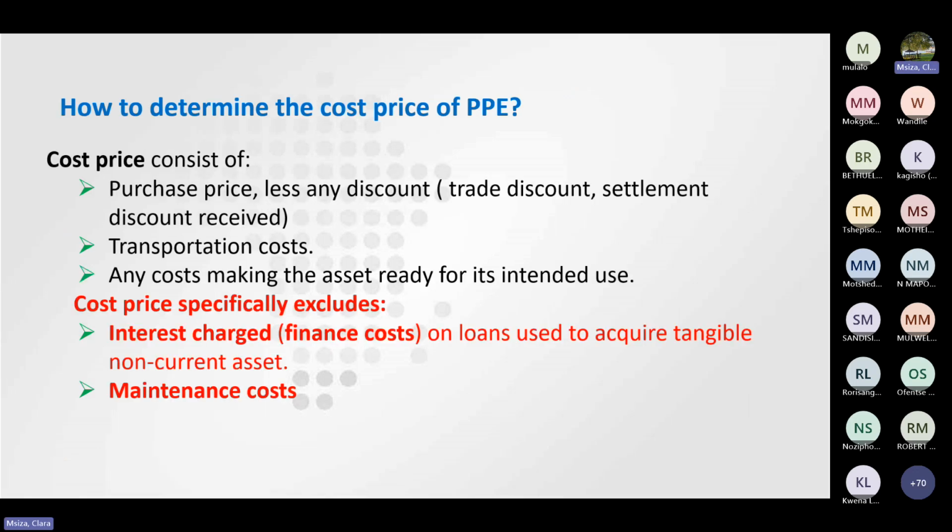So how do we determine the cost price of a PPE? Cost price consists of the purchase price less any discount, which is your trading discount, settlement discount received. Please note that. The cost price is the price that you've bought at. It's the money that you've paid to acquire that asset, less any discounts.